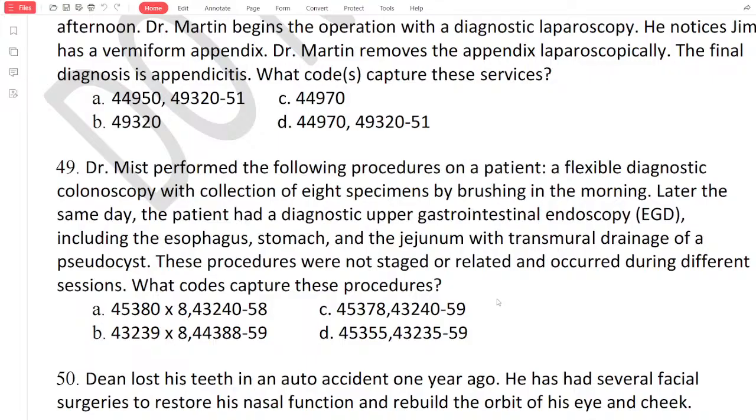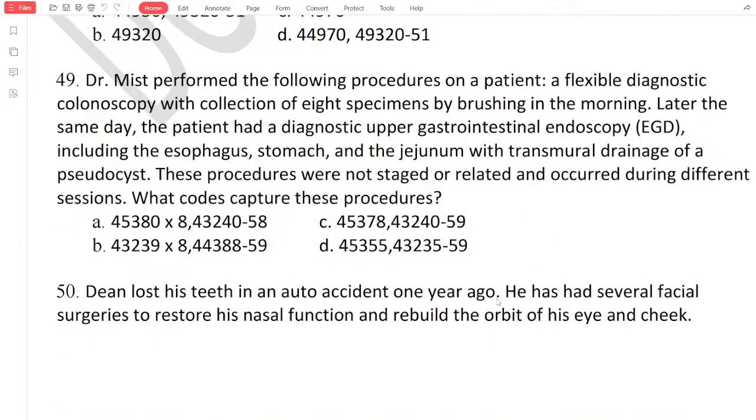These procedures were not staged or related and occurred during different sessions. What codes capture these procedures? Solve this. They have also mentioned the number of specimens in the options, so go through all the codes.